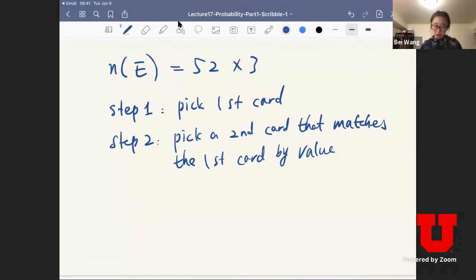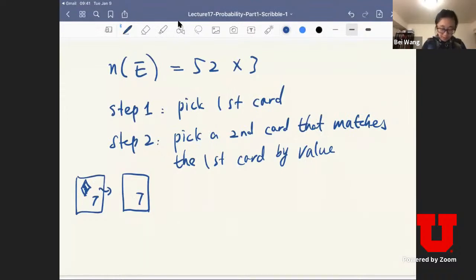So if for my first card I pick up, I don't know, a diamond 7, then the second card I can pick is maybe a 7, but in a different pattern, right? And in total, there are 3 other patterns you can match it to, okay?